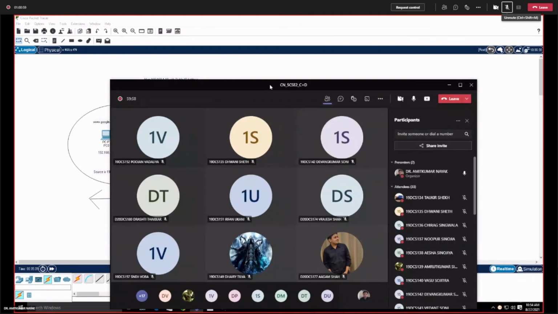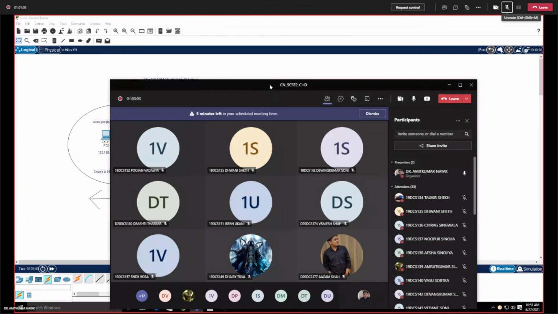Now, if you have any question or query, feel free to discuss with me. Any question related to IP mapping, private IP address to public IP address mapping?